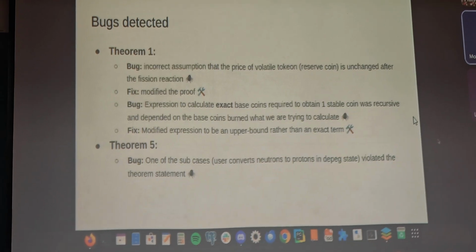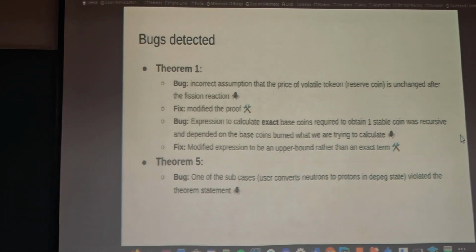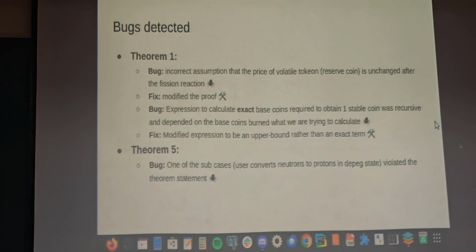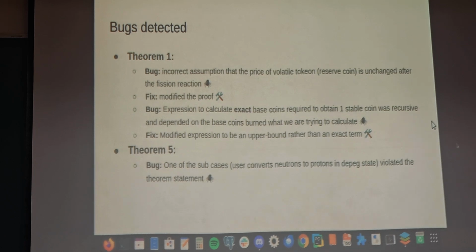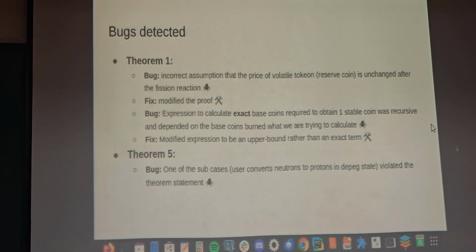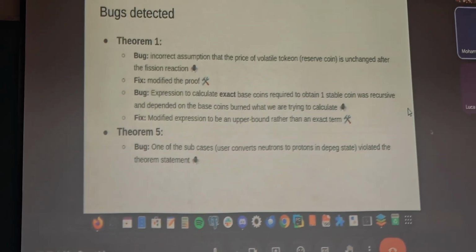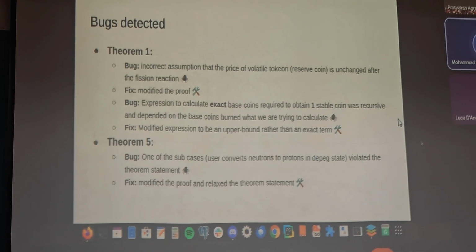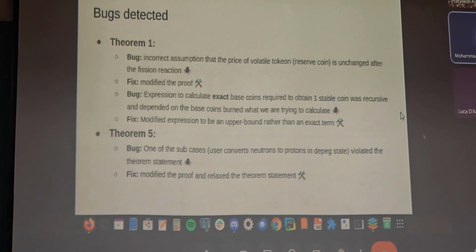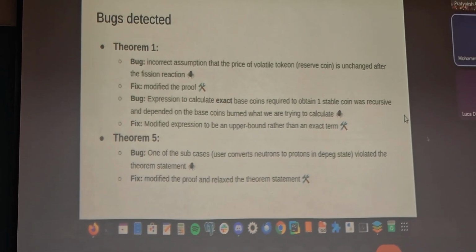In Theorem 5, one of the sub-cases, which I stated in the theorem statement as well, for example, when the user converts neutrons to protons in the deep X state, the statement is violated, so the equity does not increase, it actually decreases. So this case clearly violated the theorem, so we modified the proof and we relaxed the theorem statement. We make another assumption that in the deep X state, the user does not convert neutrons to protons.